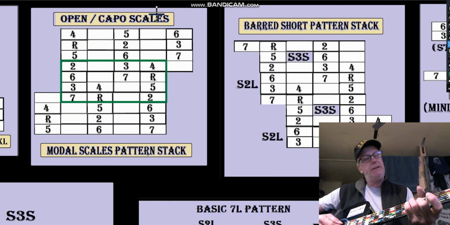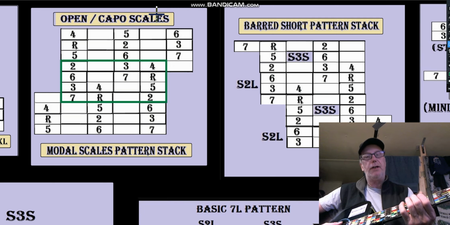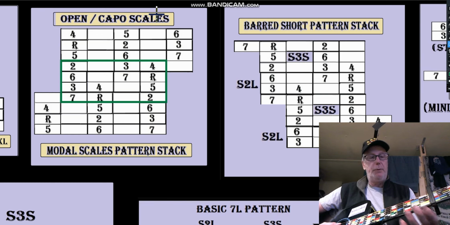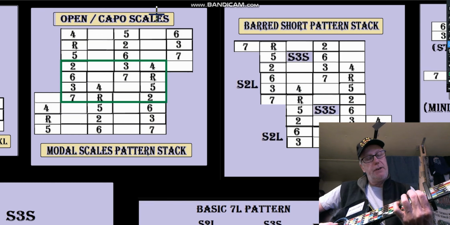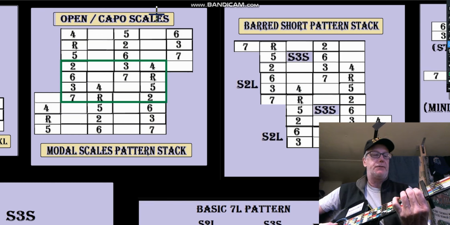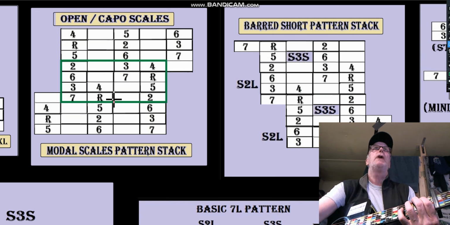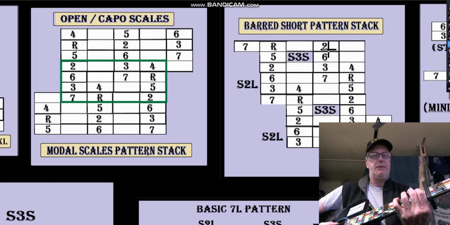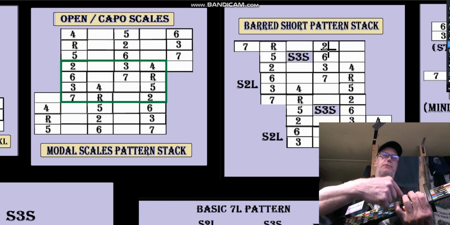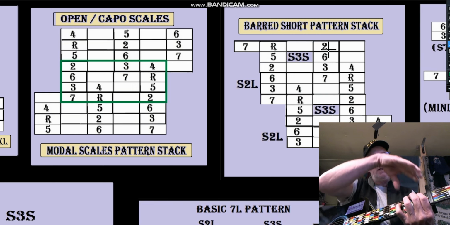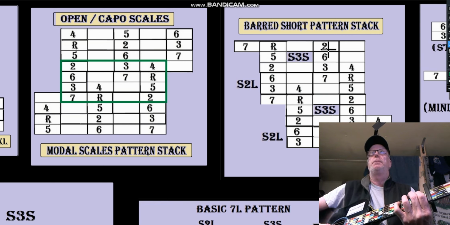I just know the E shape by heart, but I can show you that the E shape starts on the root. We would have to do it from the F, because it starts on root 2, so it's 7 root 2. Now the 7 root 2 is right here. That is the top of an S3S. So we're finishing an S3S here that started in no string land and entering onto the keyboard, you know, spotlight.